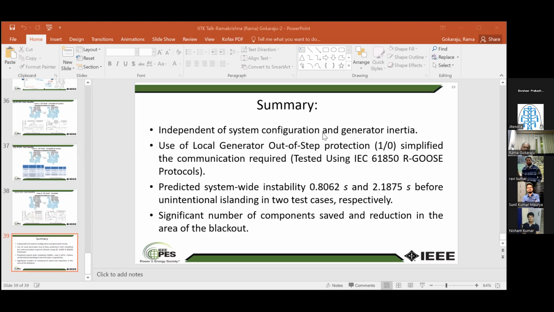It will be beneficial, the fault ride through. The controlled islanding, or the generators that are going to go out of step, instead of happening right away, it will take much longer. So for controlled islanding, it is going to be beneficial.